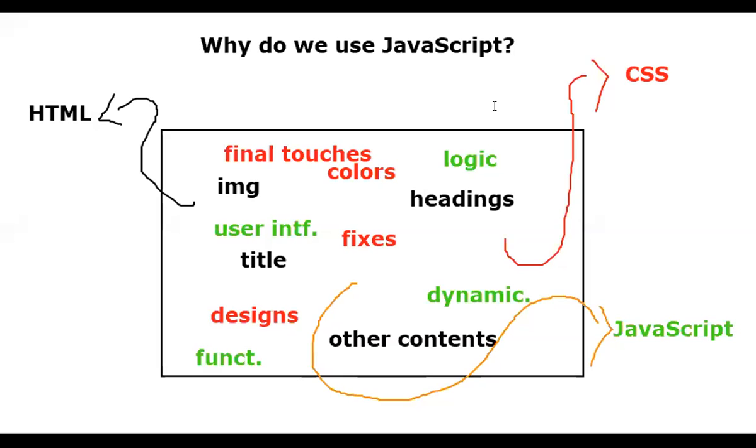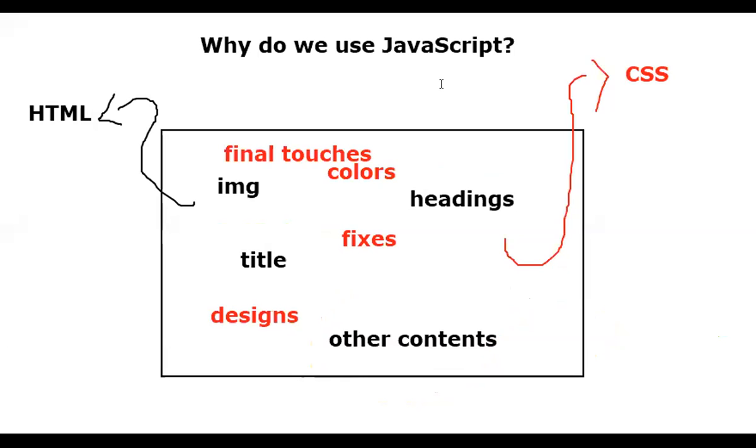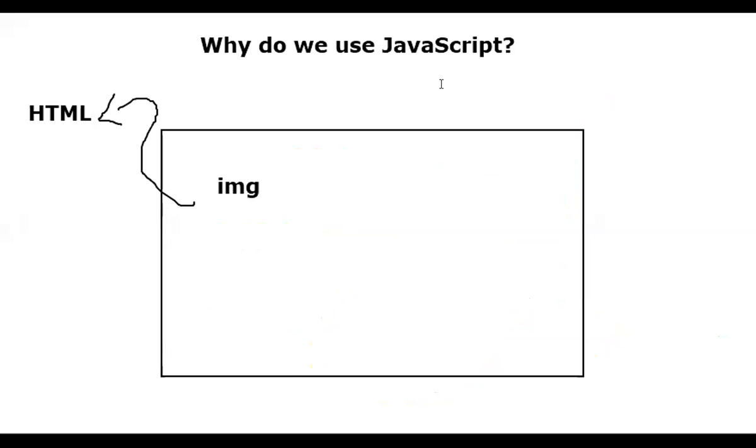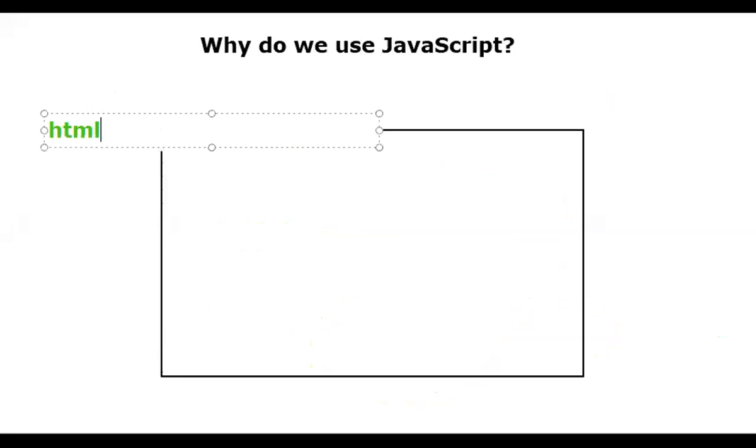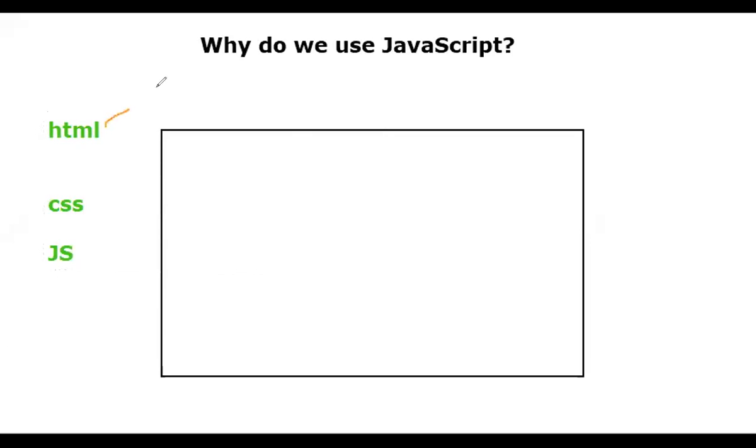The easiest way, let's just write HTML, CSS, and JavaScript. To keep it simple, let's say HTML helps us add one button over here, and one button over there. I know my drawing is so bad.